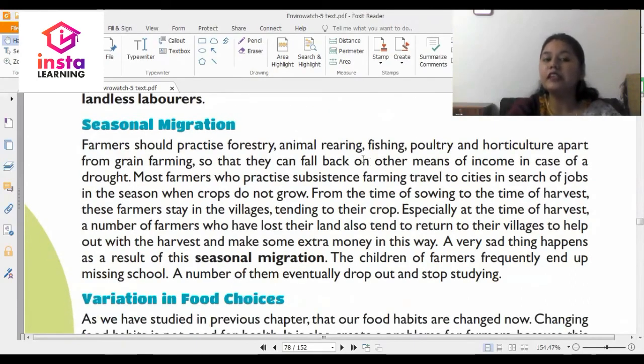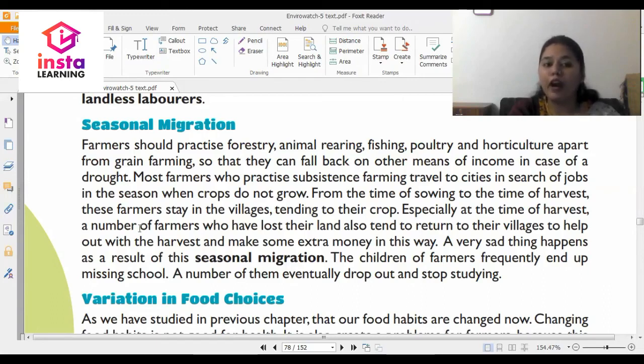Then you have seasonal migration. Farmers should practice forestry, animal rearing, fishing, poultry, and horticulture apart from grain farming so that they can fall back on other means of income in case of a drought. Most farmers who practice subsistence farming travel to cities in search of jobs in the season when crops do not grow. From the time of sowing to the time of harvest, these farmers stay in villages tending to their crop.